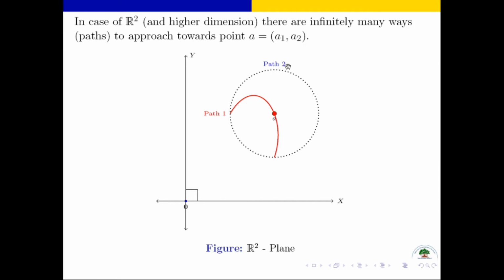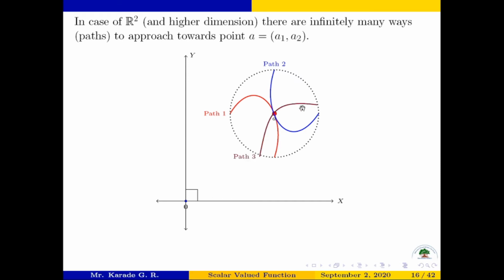The second path: we can approach towards A along this path, or from this direction. Third path: we can approach towards A from this direction, or from this direction.